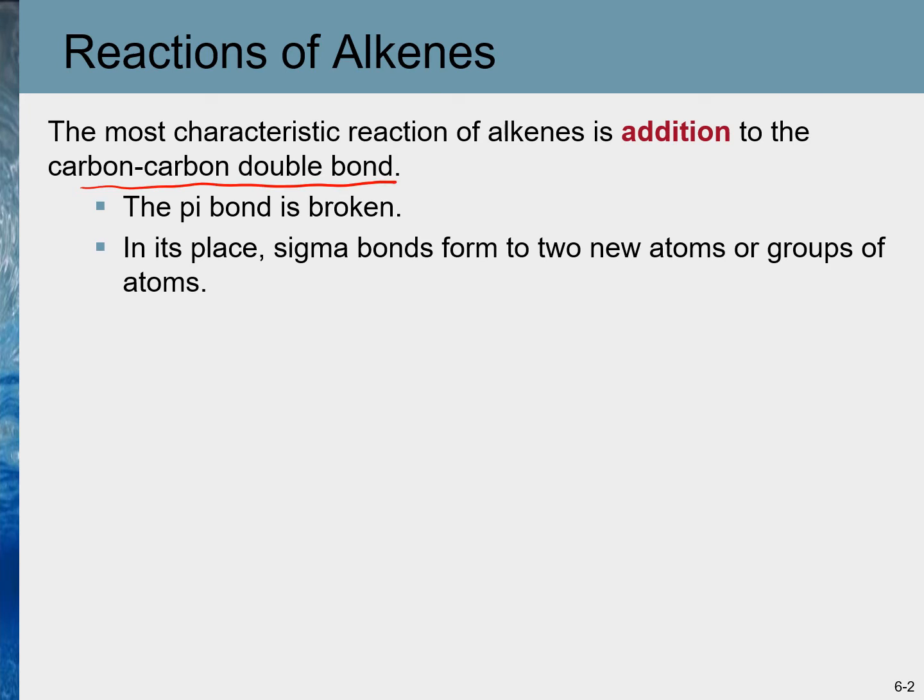So all alkenes are characterized by the presence of a carbon-carbon double bond, and we learned in the previous chapter that one of this double bond is a sigma bond, the other bond is a pi bond which is made up of sideways overlap of p orbitals.